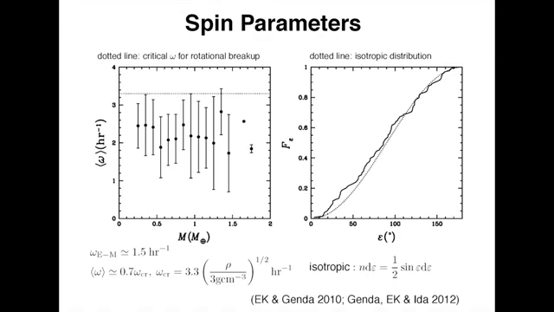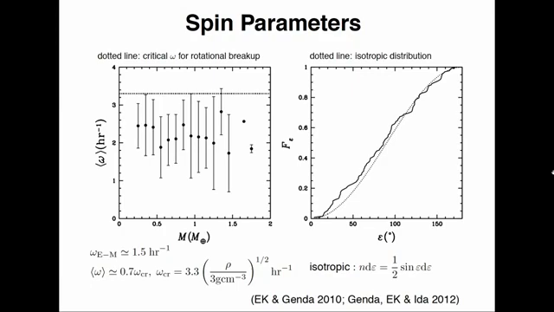Let's now look at the spin parameters. In my N-body simulations, I follow the spin evolution of planets. This figure shows the spin angular velocity against the mass of the planets. And this dotted line is the critical spin angular velocity for rotational instability.